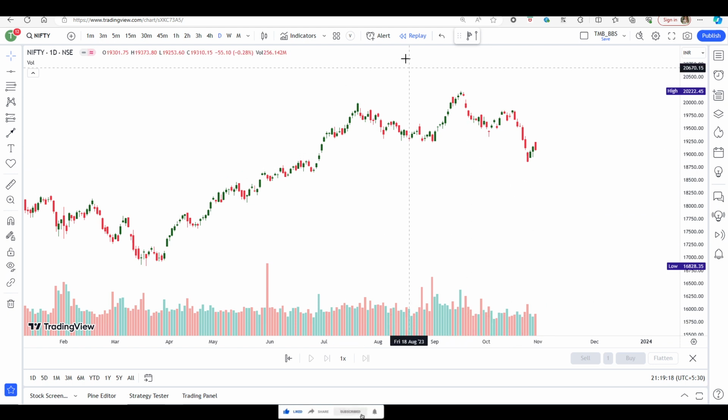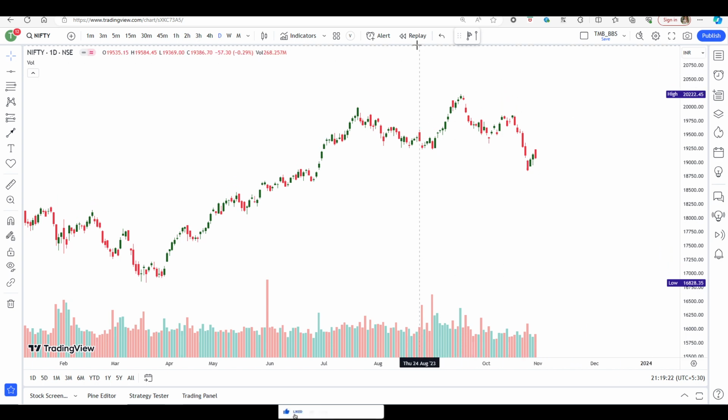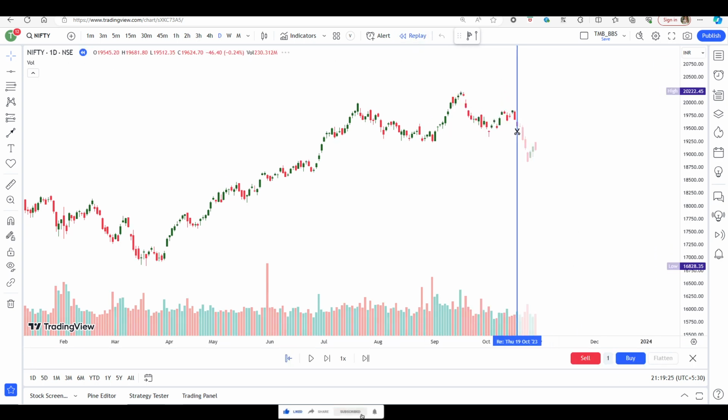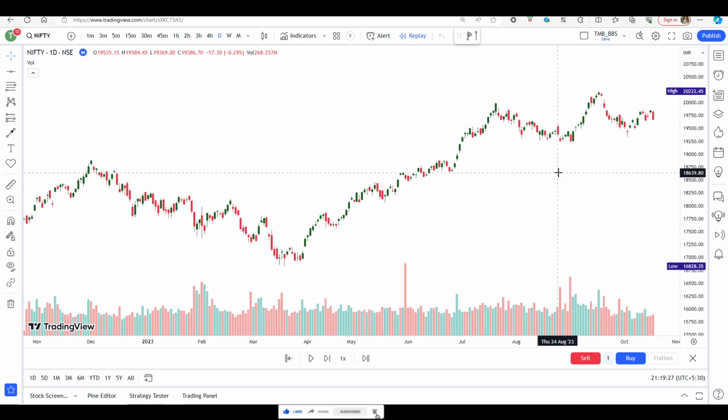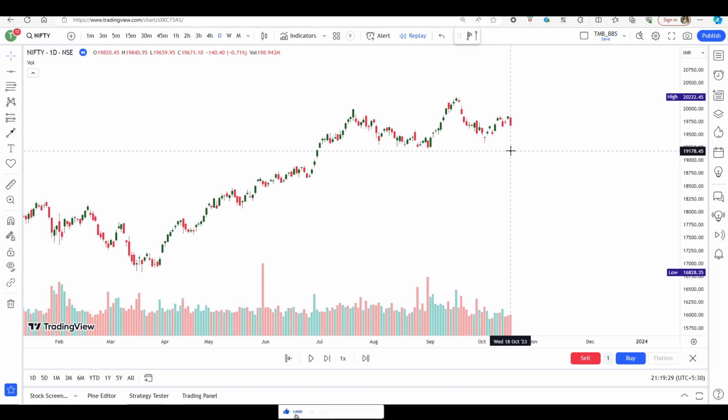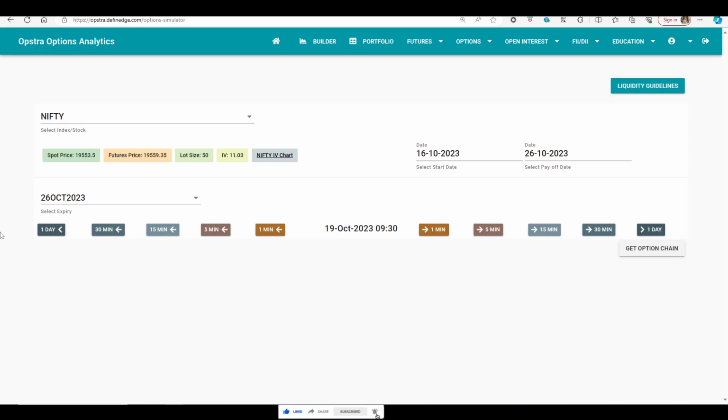So let us back test this. Very simple. We are going to back test this based on the date. The date is October 18th. Let's go to the simulator, October 19th.